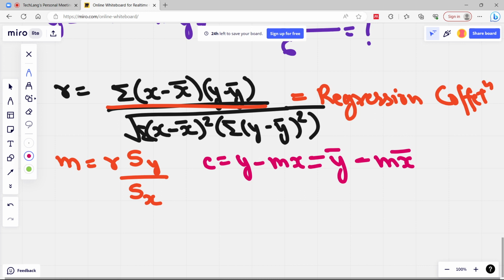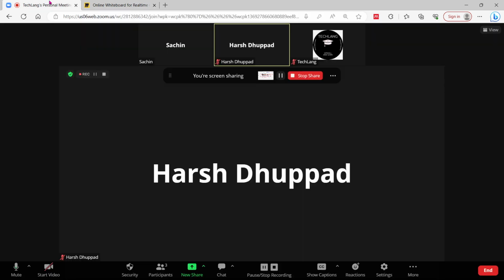You can put the value of m from the previous equation and then you can get the value of c directly. Did you understand this concept? Yes or no? So this is the second method we are going to implement here.